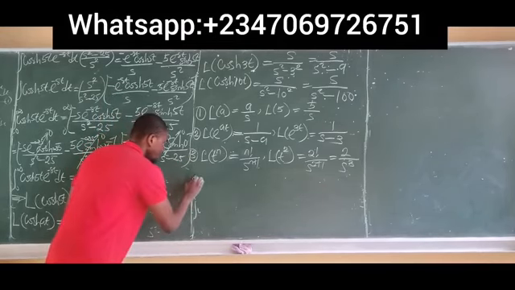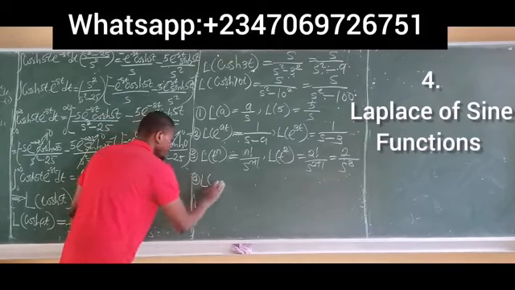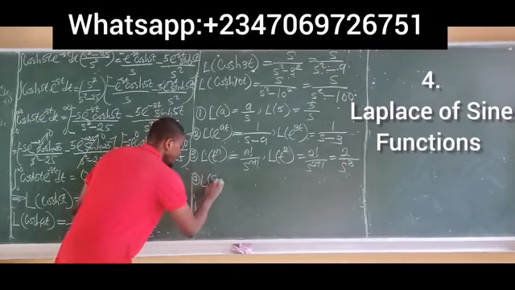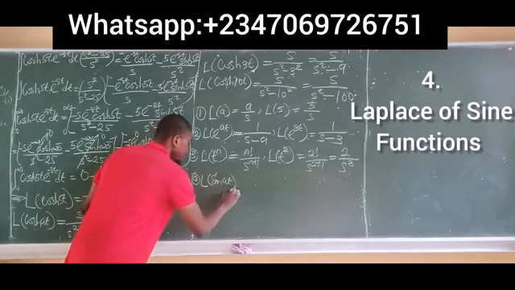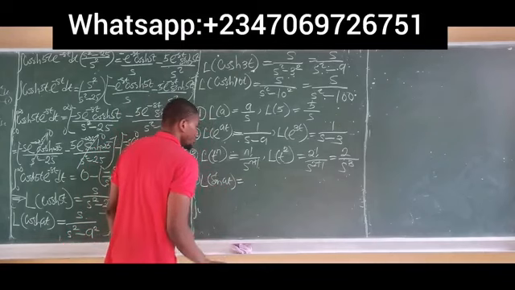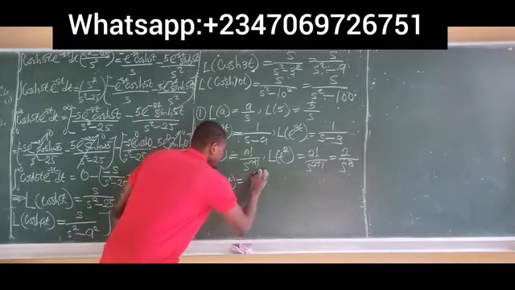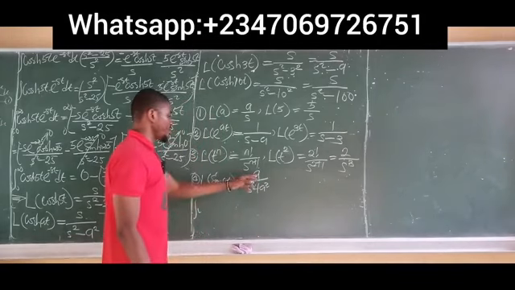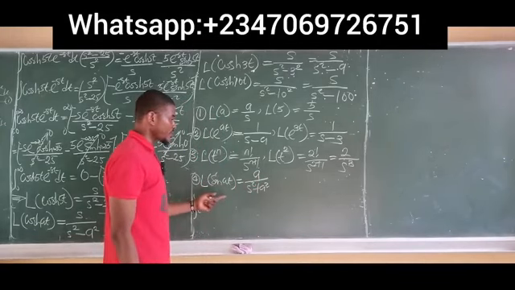The fourth is the Laplace transformation of trigonometric functions involving, let's say, sine. Laplace transformation of sine at, we simply obtain this to be equal to a all over s squared plus a squared, where a is a constant or number in front of the trig function.